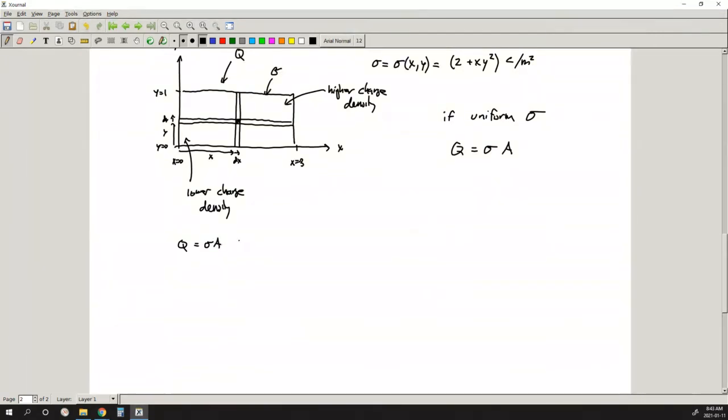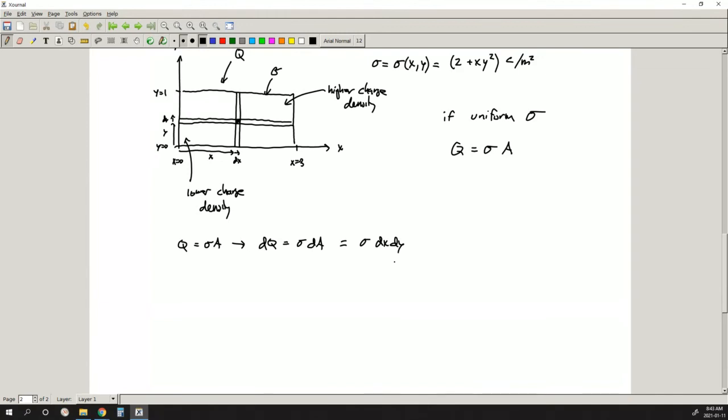But in this case, we want some small amount of Q, so some dQ, and it's going to be equal to sigma dA. But we've broken up our dA into tiny little steps in the x direction and tiny little steps in the y direction, and so we end up with sigma dx dy.